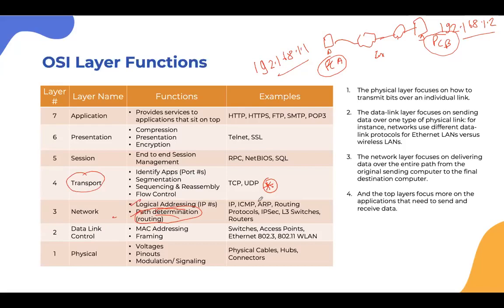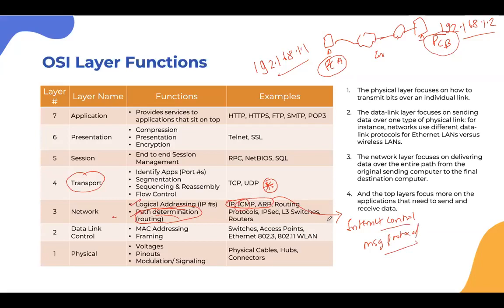So on layer 3, there are a number of protocols, for example, Internet Protocol, which you already know about, and works on layer 3. ICMP, that is Internet Control Message Protocol. Now, this is a protocol which we use for troubleshooting.